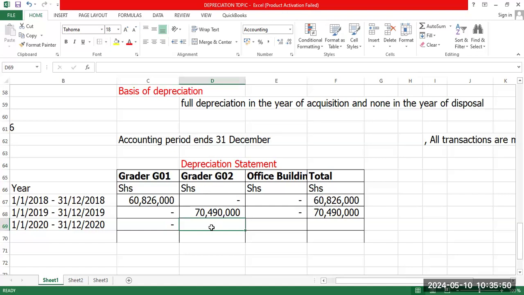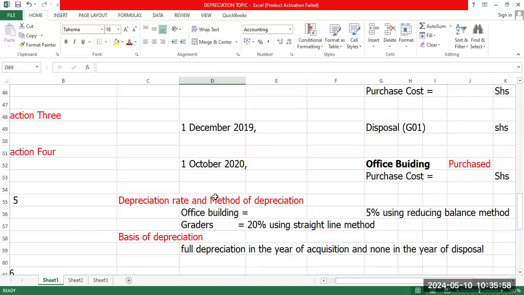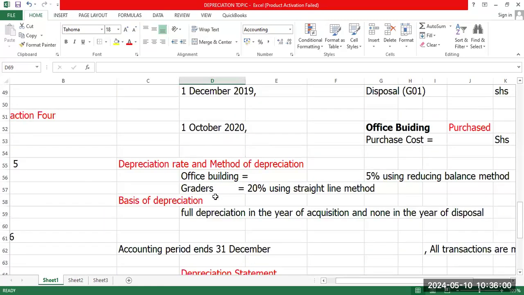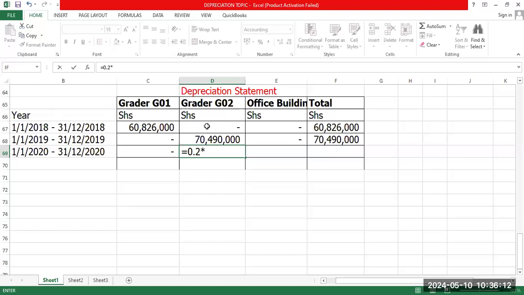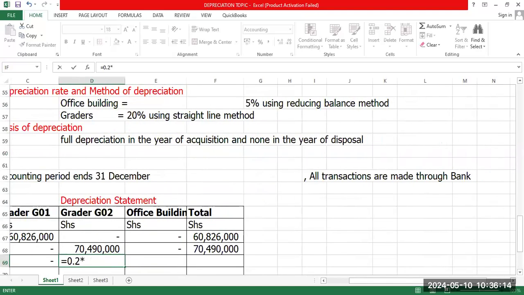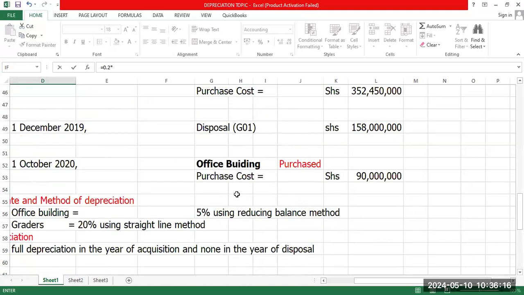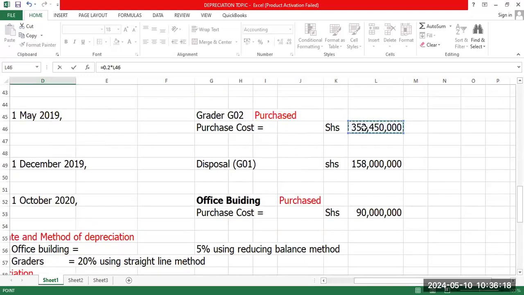Do we still have grader 2? Yes. So give the same, because for graders we are using straight line. So you just continue getting 0.2 or 20% times the original capitalized cost of the grader. It is here.